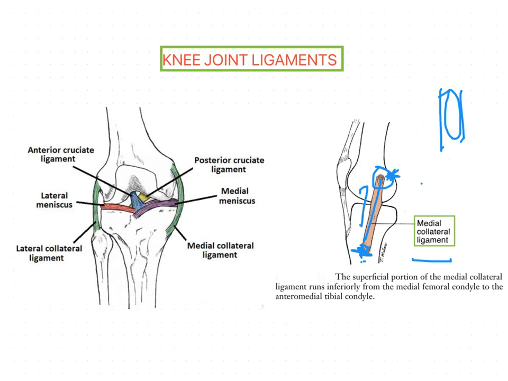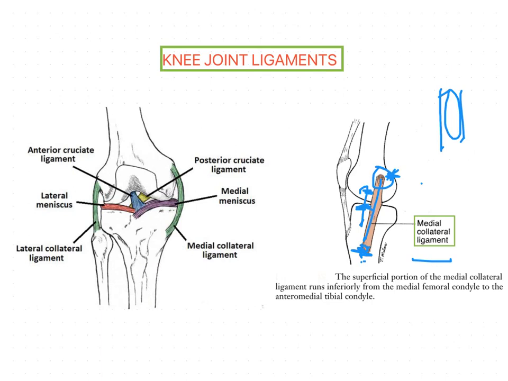It originates from the inferior aspect of the medial femoral condyle and inserts on the proximal aspect of the medial tibial plateau. So these are the two portions.